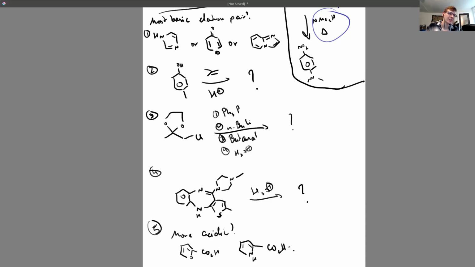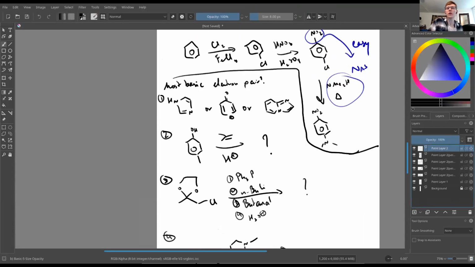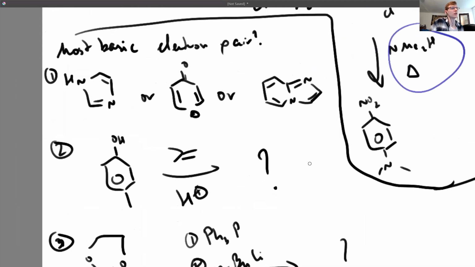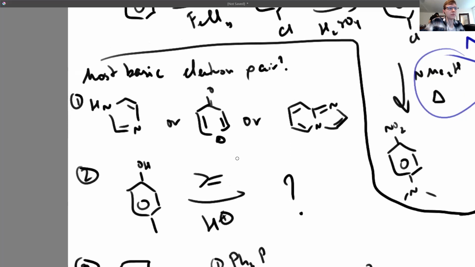All right, let's see. So the most basic electron pair. No, I didn't write that down. Actually, can you layer? Okay, cool. Now I can draw on this layer and hide the answers if I want. So in asking what the most basic electron pair is, it's in terms of a Lewis base, right, that wants to accept a hydrogen.